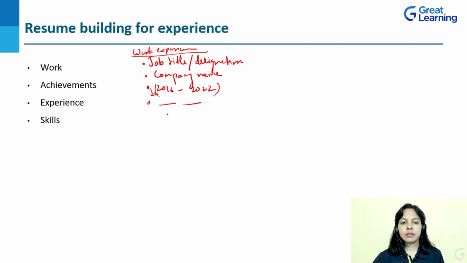Now, after that, in the sub bullet points, you have to mention the work which you have done there. Suppose you have worked on a project which had this kind of work environment, or this kind of tools you worked on, whatever it is. If you have worked in a marketing team, you have to mention that. Make sure to write numbers here also.